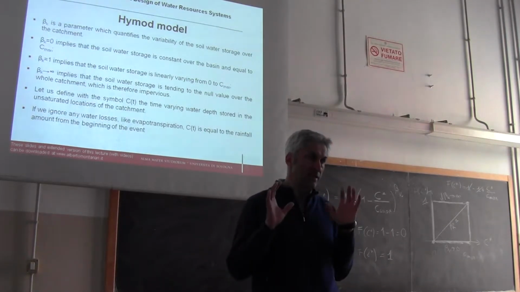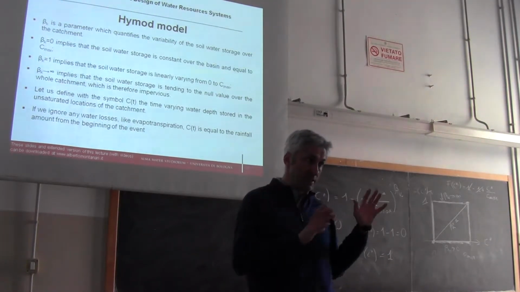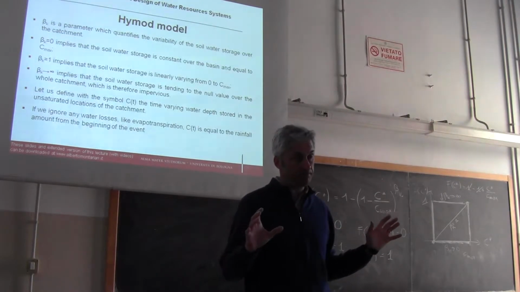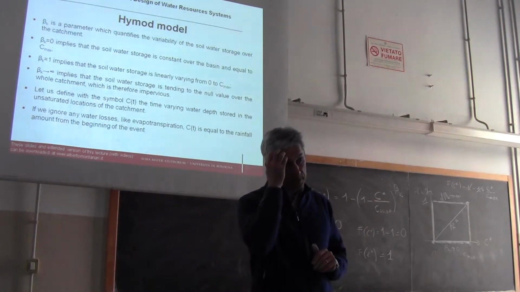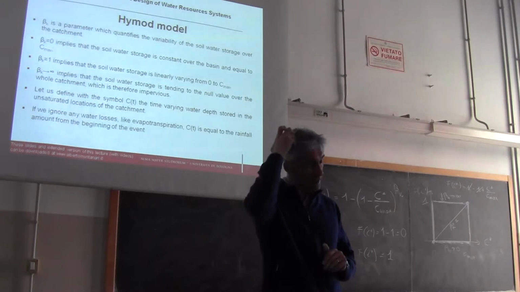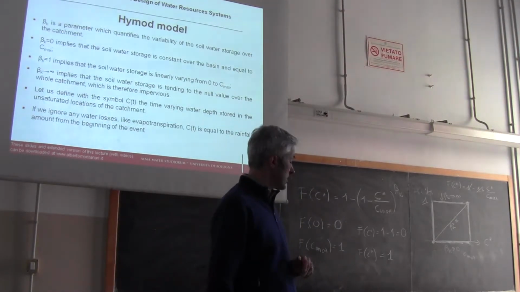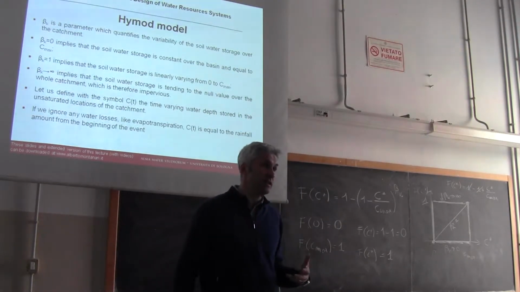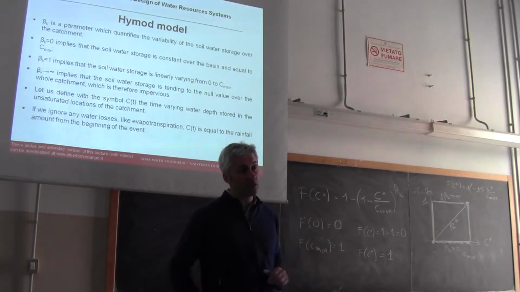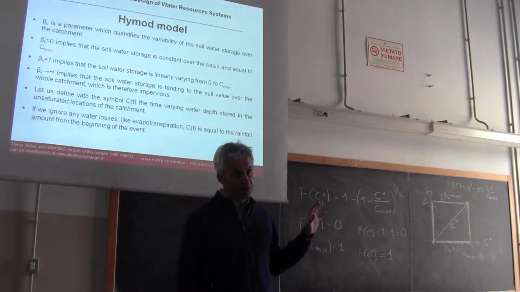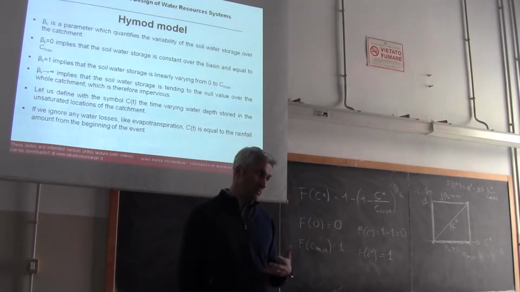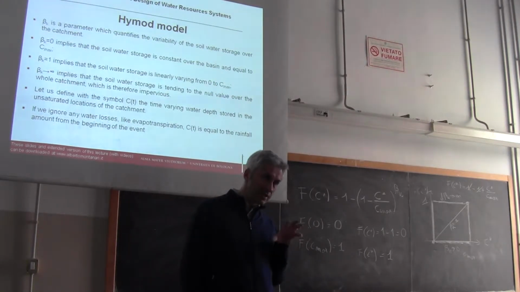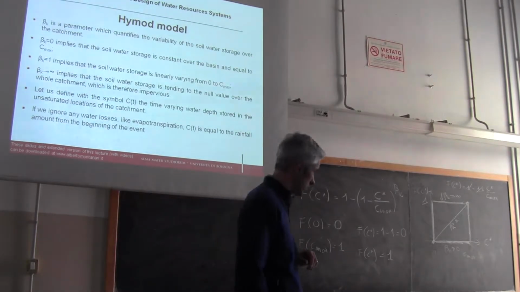So the idea is indeed nice. Of course, we need to estimate Cmax and beta k. But potentially the idea is nice. You see that it requires some understanding of technical details, and it's not finished. We still have some technical details that are not really easy to get. Let's move forward.